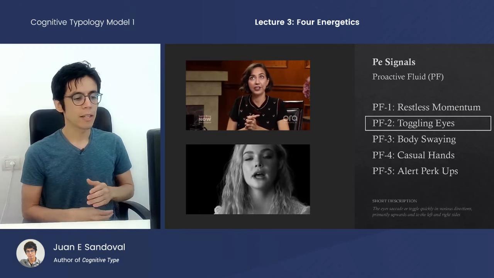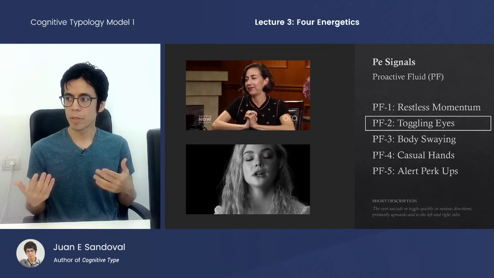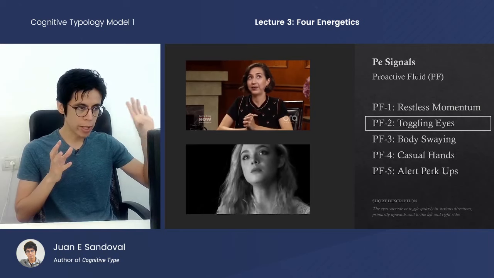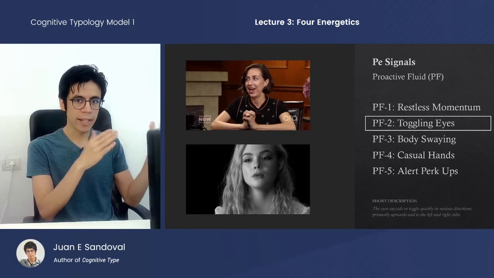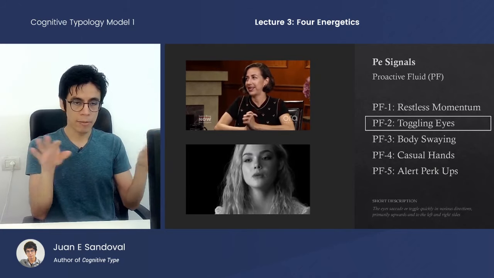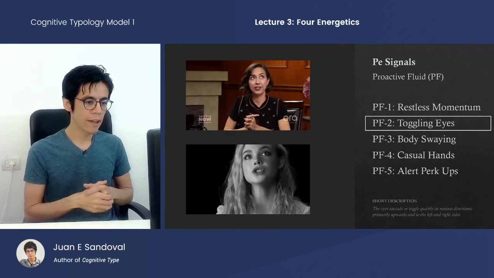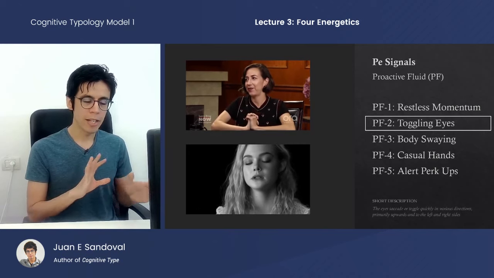So in PE, it actually manifests as the eyes wandering around a lot and glancing at things, noticing things. But also when there's abstract exploration of things that are not in the environment, the eyes kind of explore that latent space within the head in a way that still scans it around, even though it's not a literal space, which causes the eyes to toggle. That's something that's more of a Model 2 concept that we'll touch upon later, but it applies here too.